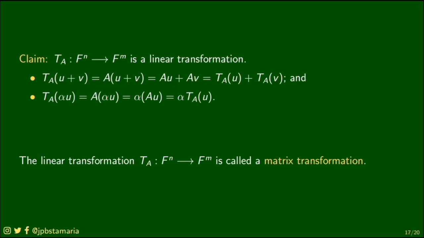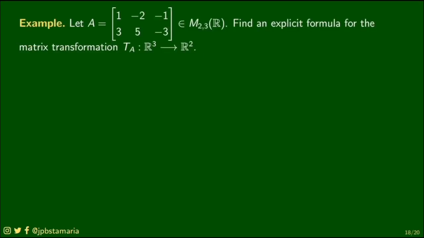To give you an example, let's consider the 2 by 3 matrix A with the following entries. So this matrix A of size 2 by 3 will transform elements from R3 to R2. So it's in the reverse order. So you can think of this matrix as a transformation from R3 to R2.